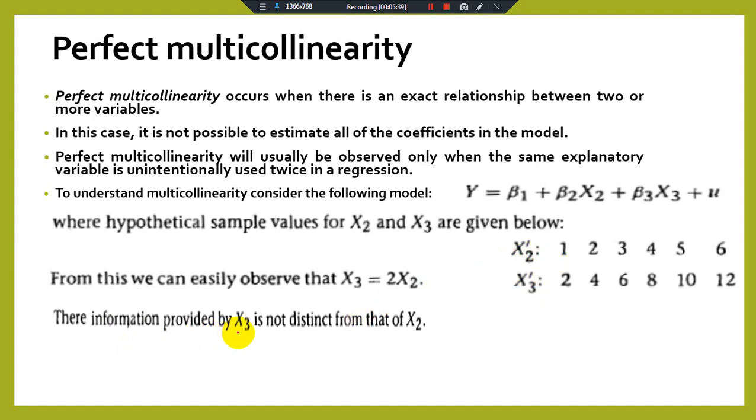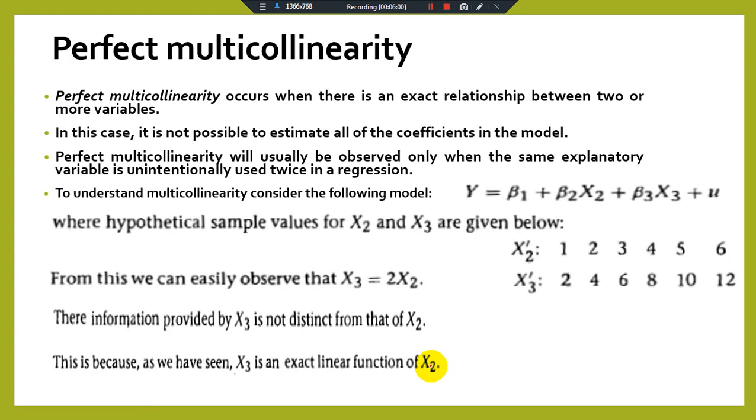The information provided by x3 is not distinct from x2, because x3 is generated from x2. We have seen that x3 is an exact linear function of x2. So this shows that there is a multicollinearity issue in our data.